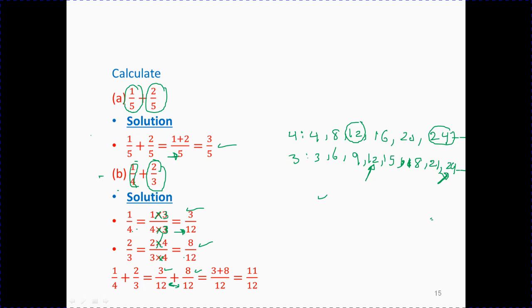So I'll keep the denominator 12 and add the numerators. 3 plus 8 is 11 over 12. So this is how we add or subtract two fractions.